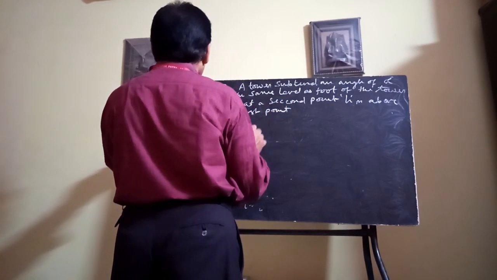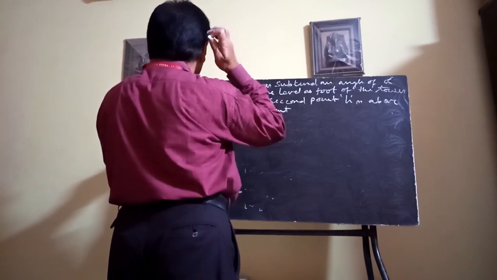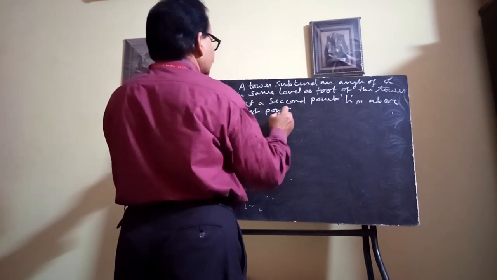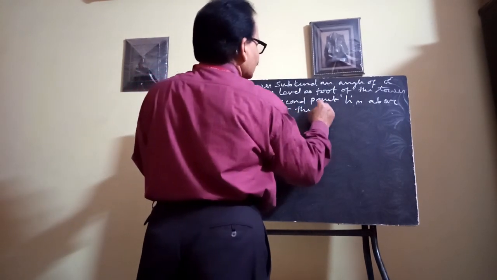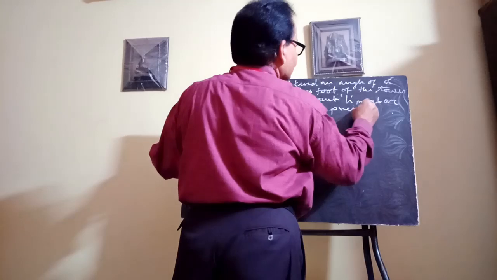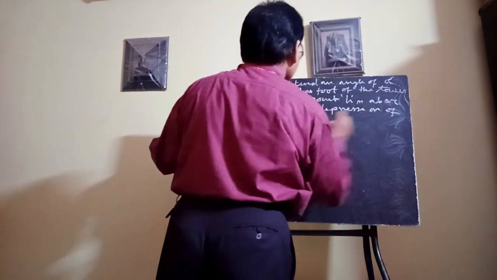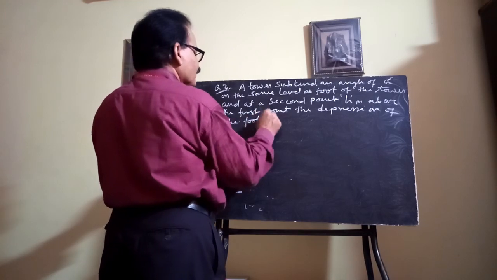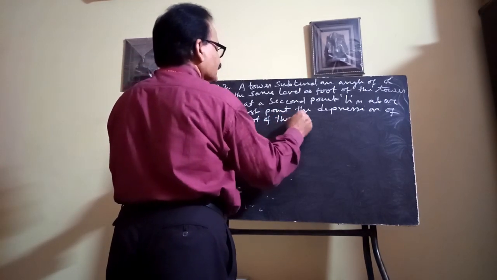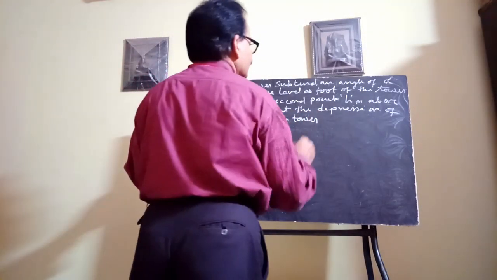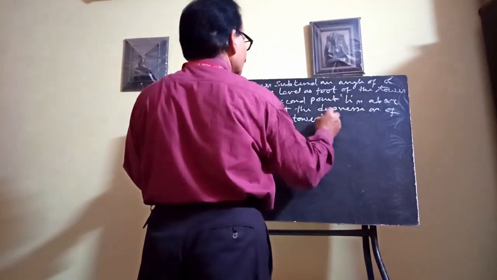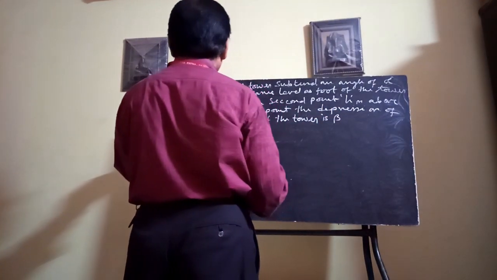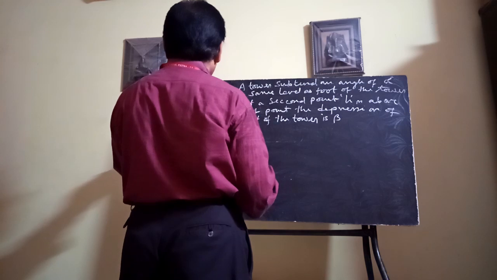Above the first point, the depression of the foot of the tower is beta.